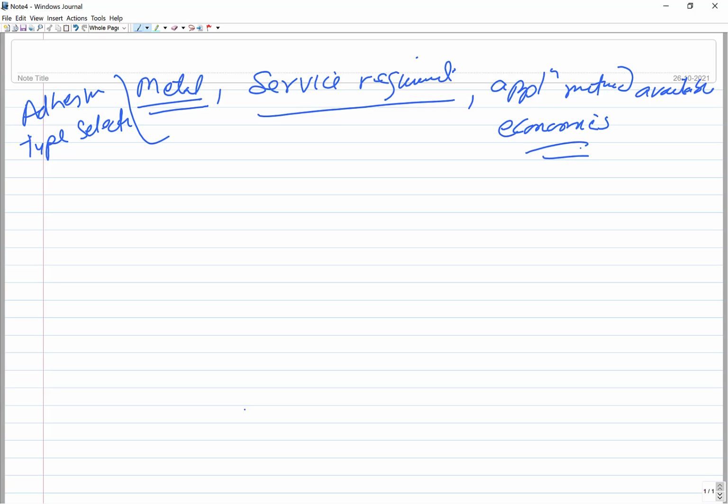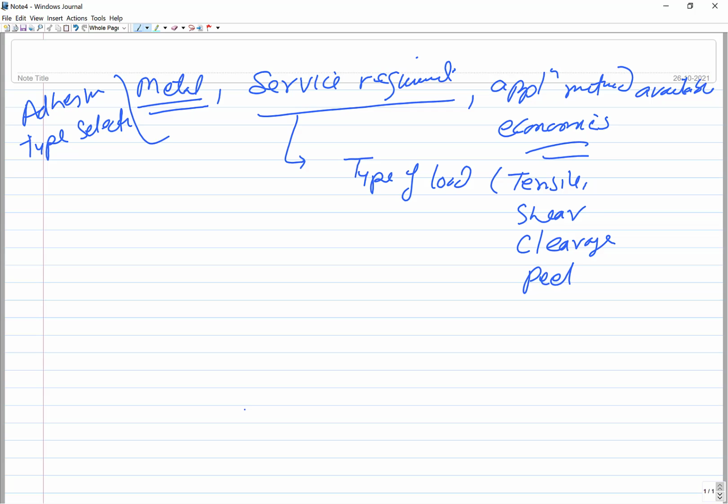Okay, as far as the consideration of service conditions in the choice of the adhesive is concerned, you have to see the type of loading. There can be four common types of loads: tensile, shear, cleavage, and peel.